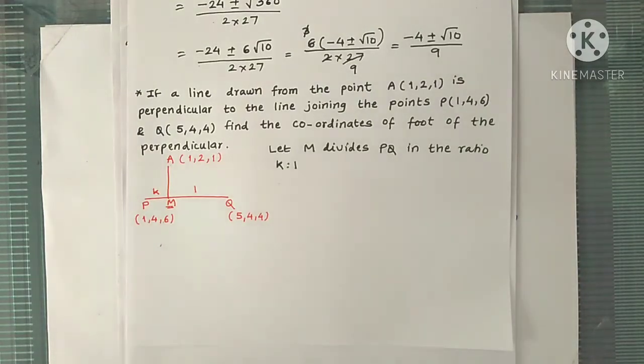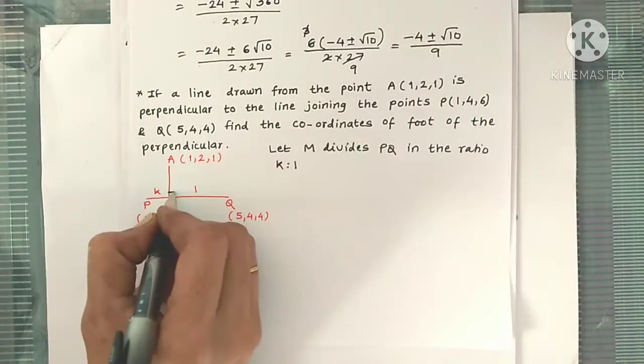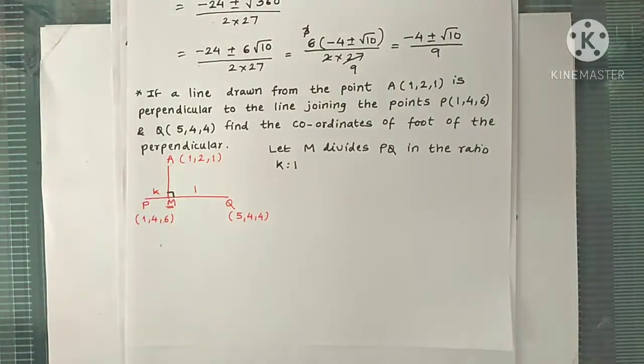So we have a1, b1, c1 and a2, b2, c2, and here the lines AM and PQ are perpendicular. So a1a2 plus b1b2 plus c1c2 will be 0. Solving that we can find k. So that is the basic idea here.